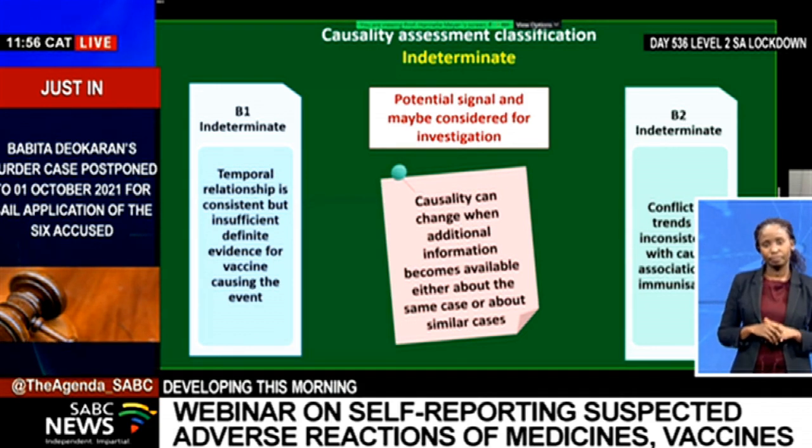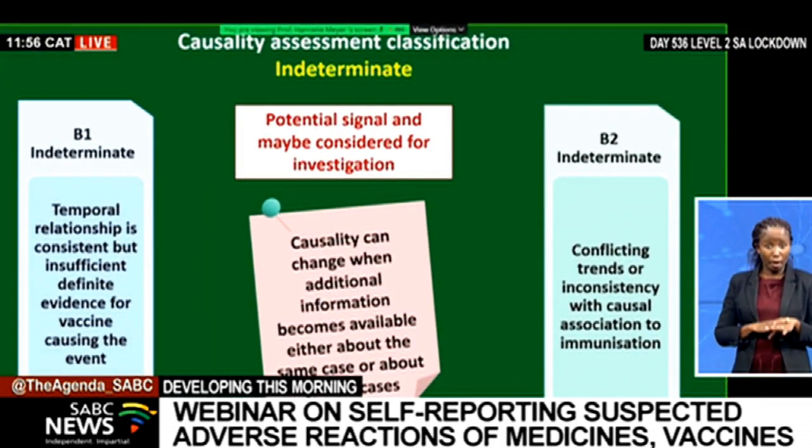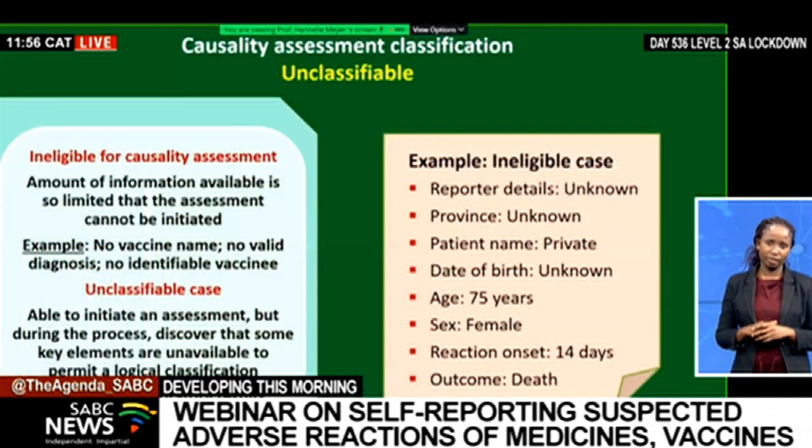There could be a temporal relationship that is consistent but with insufficient evidence for the vaccine causing the event, or there could be conflicting trends of inconsistency with causal association to the immunization. And then the very last one is the unclassifiable cases, like I explained to you.